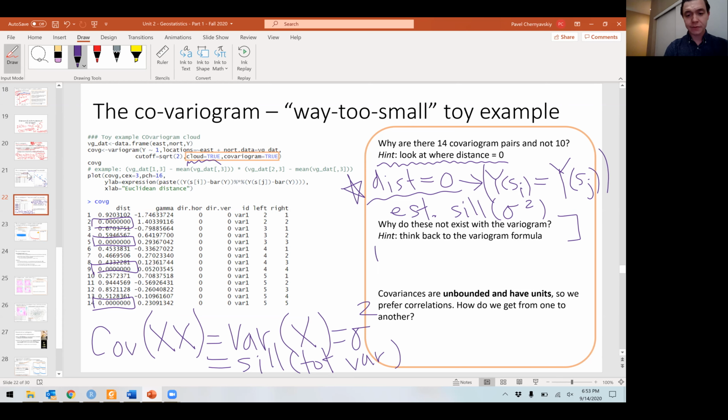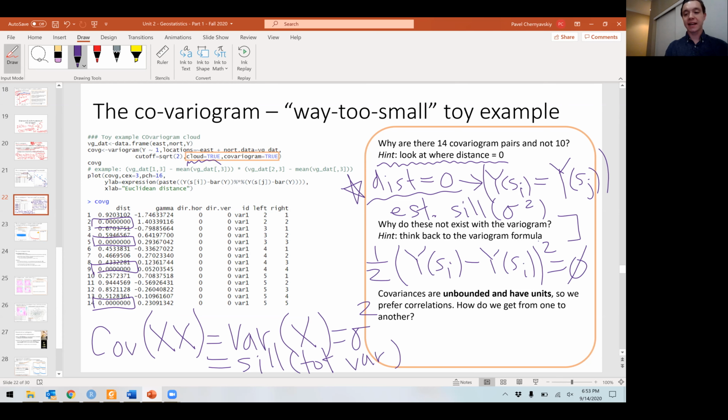So if we're looking at a half the square difference between the variable measured at the ith location and the same variable measured at the ith location, that is just equal to 0. So the variogram actually starts at 0, 0.